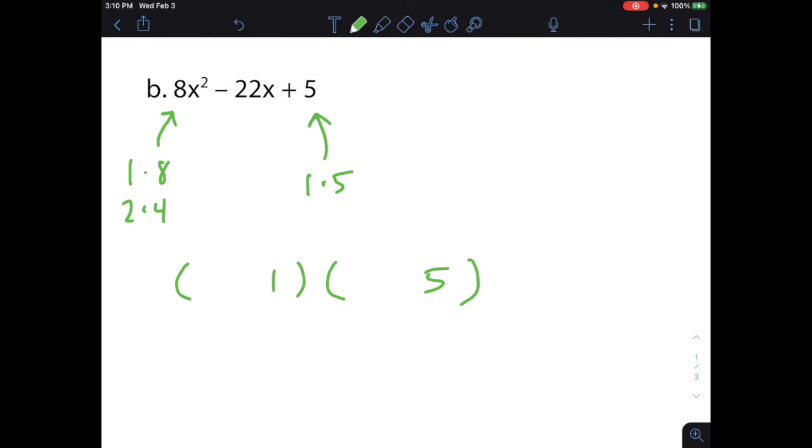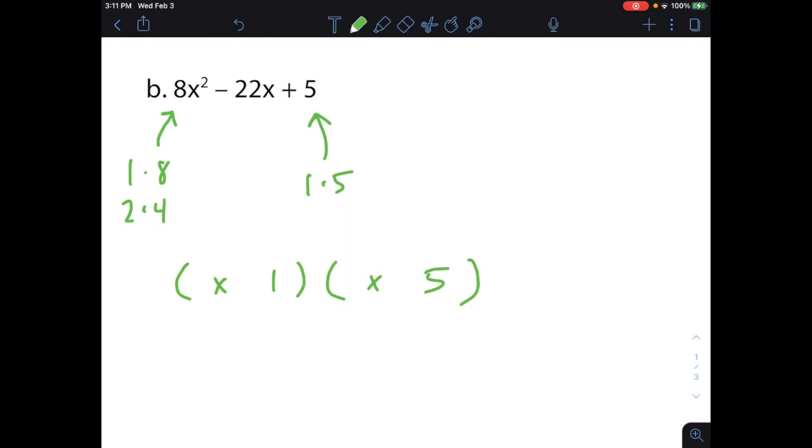And then now I just have to figure out what numbers are going to go in the front. I know there's going to be an x, so let's go ahead and put the x in there. I don't know if it's going to be a plus sign or a minus sign with the 1, and I don't know if it's a plus sign or a minus sign with the 5. So that's something I'm going to have to figure out.